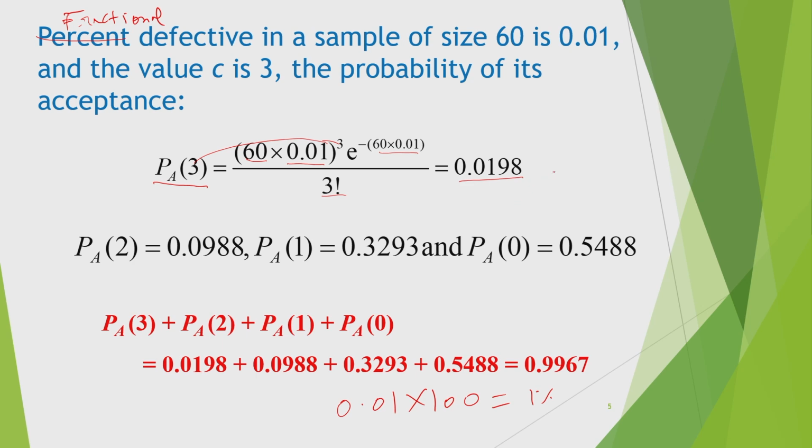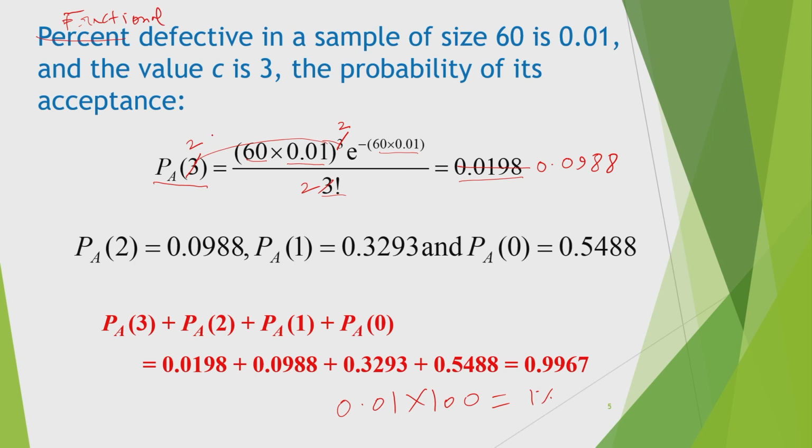Similarly, if I want to find out PA2, what I will do is make the change to 2 here, and this becomes 2. So that means this will be PA2, and then this quantity will be calculated, and this comes to 0.0988. Put that value. Then I want to find out the probability that there will be 1 defective.